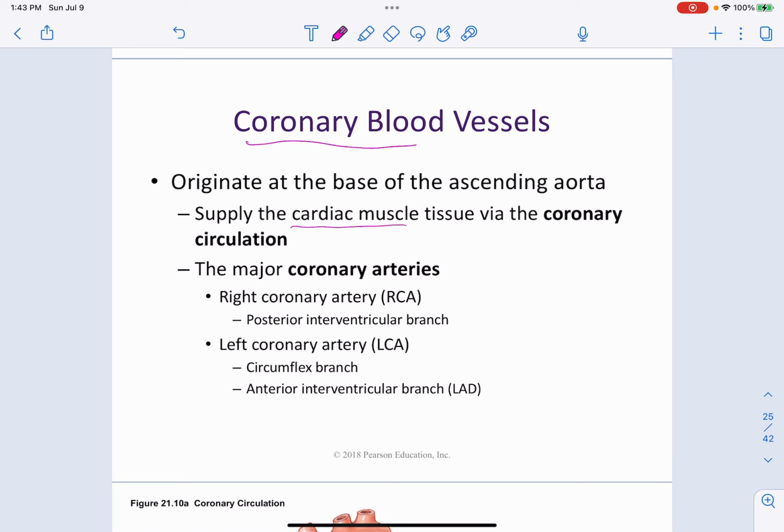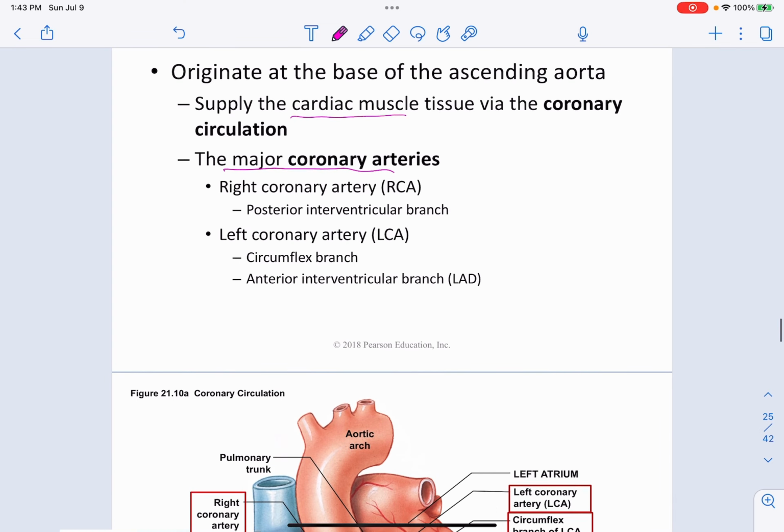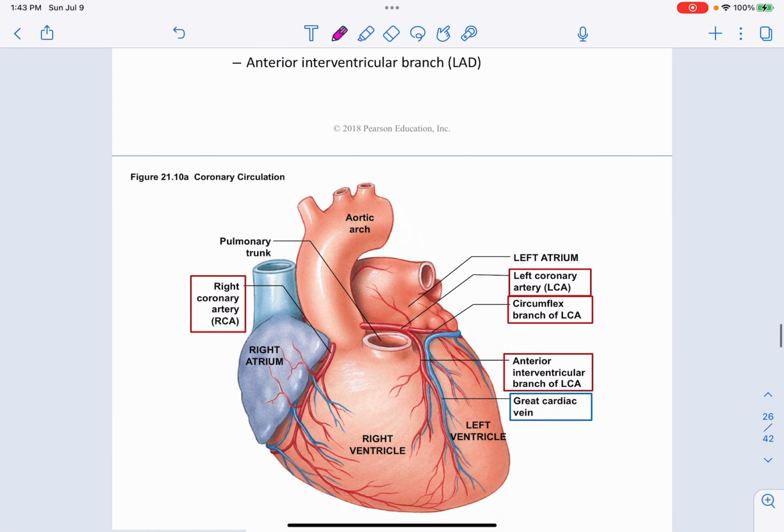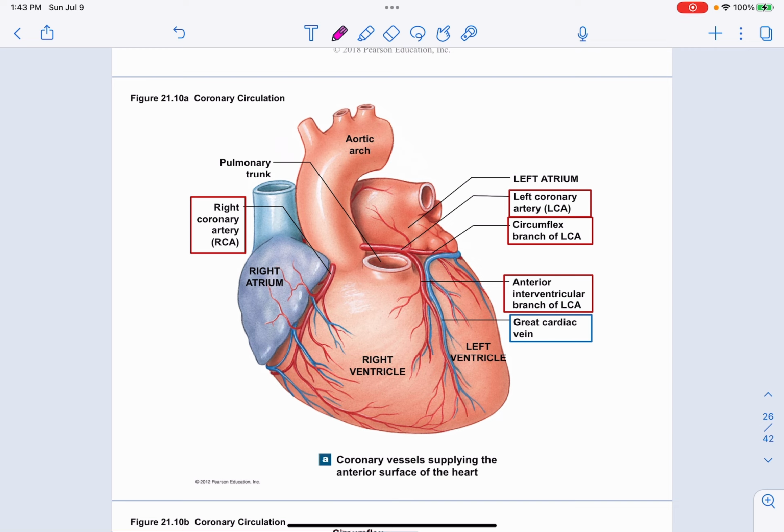The 2 major ones are called the coronary arteries. There is a right coronary artery and a left coronary artery. And they, of course, branch into other arteries and follow along the heart wall to provide blood to that area. Let me show you a view of the coronary circulation.